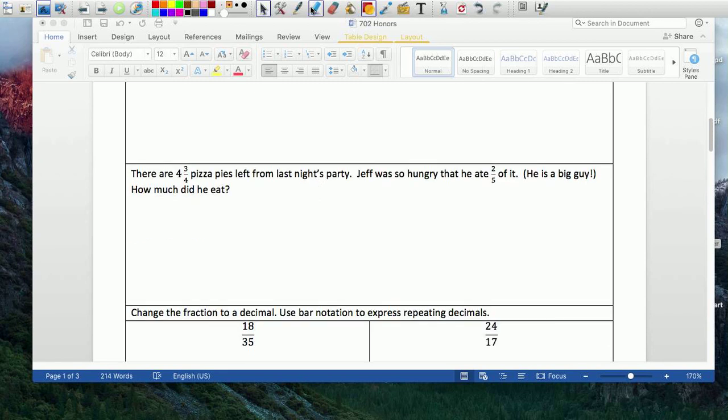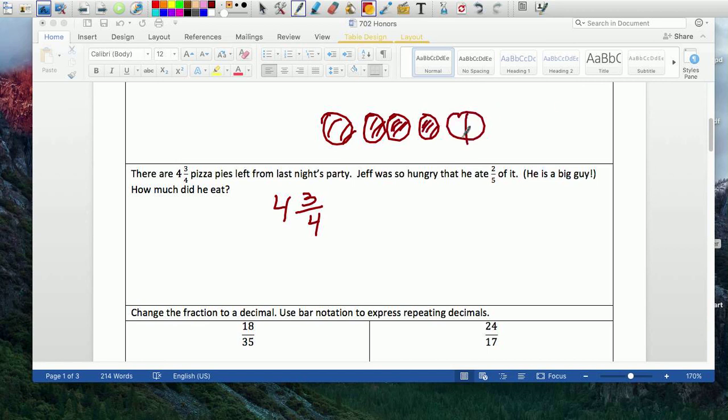So here's another question. There are 4 3/4 pizzas left over from last night's party. Jeff is going to come, so let me draw this out. 1, 2, 3, 4. 4 full pies. For some reason, maybe they ordered too much. And the last pie is 3/4. And somebody's going to come and eat 2/5 of it. Okay, 2/5 is close to half, well, 0.4.